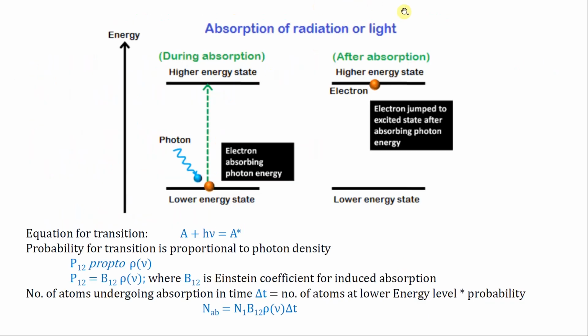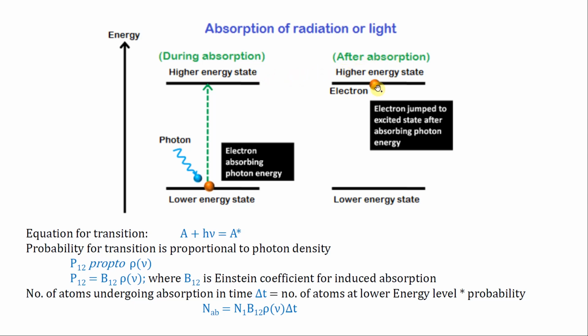So we start with absorption of radiation or light. So I am considering here a lower energy state or low energy level, then a high energy level. A photon is incident at this lower energy level. So the electrons in the atom absorb energy from the photon and they get excited and reach the higher energy state.